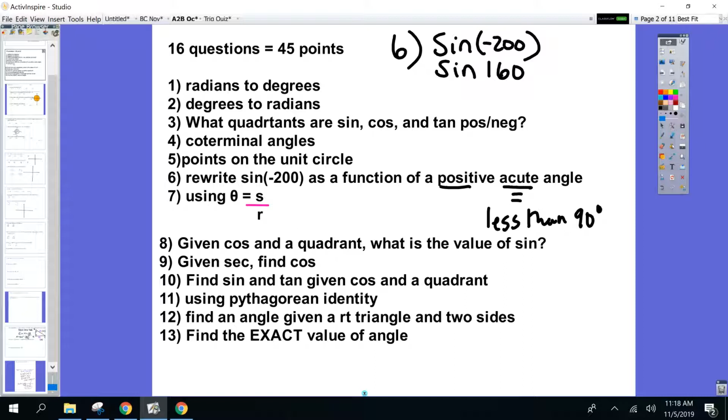But ready, where's 160? Let's talk quadrants. Second quadrant, sine in the second quadrant. Positive. So I don't need to put a little negative sign next to it. I'm just going to keep it regular sine. How do you make the 160 smaller? Reference angle. Yep.